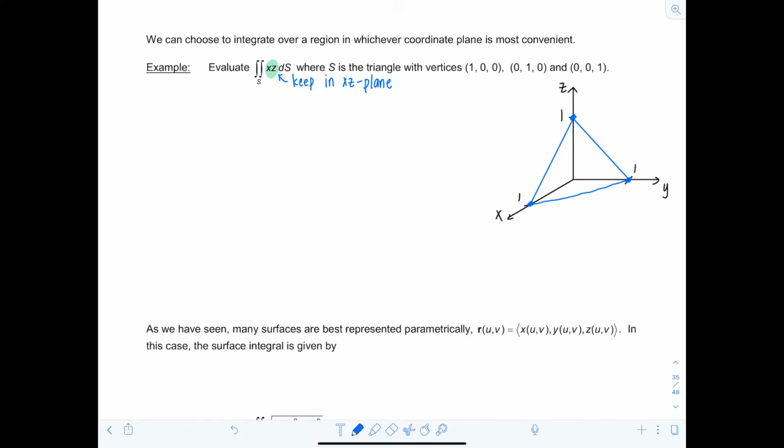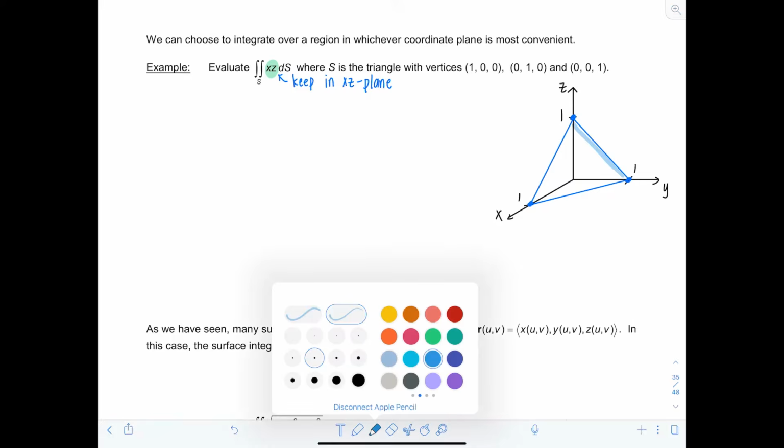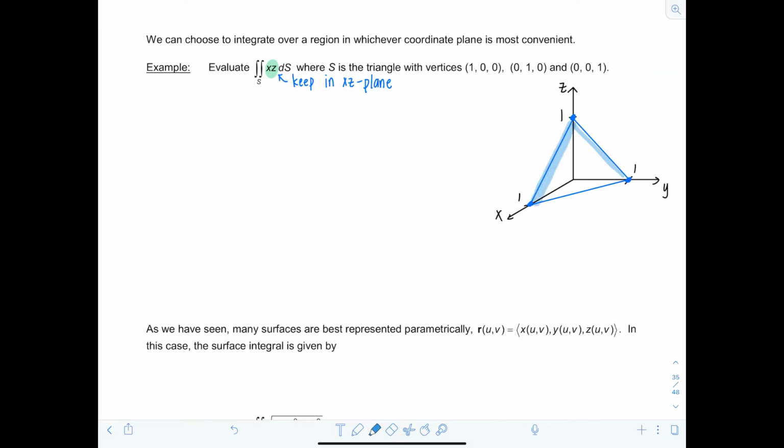I need the equation of this plane. Now remember, since they gave us all of the x, y, and z intercepts, there was a little shortcut way. We've talked about how to find the equation. You just kind of work your way backwards, right? So the equation is just going to be x plus y plus z equals 1. And then you don't have to fuss with finding the normal vector and all that stuff.